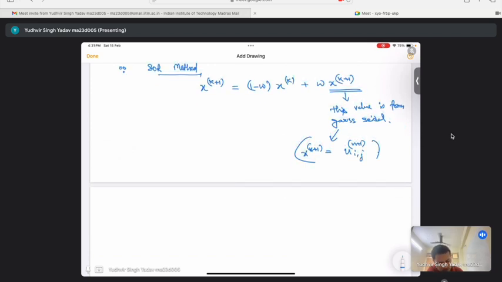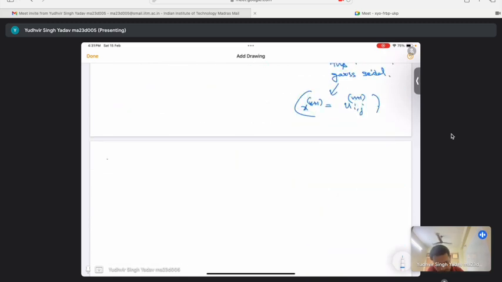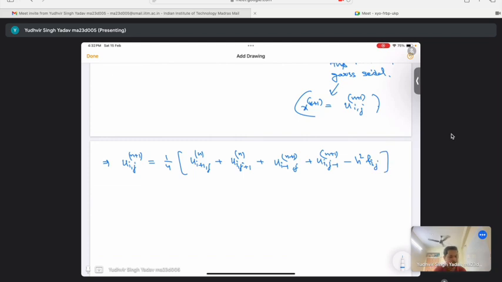Using this concept, our equation, let us say equation number 1, will be modified to u i j n plus 1 equals 1 by 4 times u i plus 1 comma j n plus u i j plus 1 and u i minus 1. Here we will take n plus 1 level for these terms, minus h squared f.